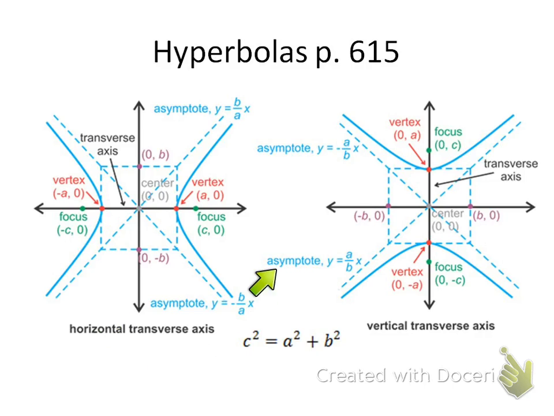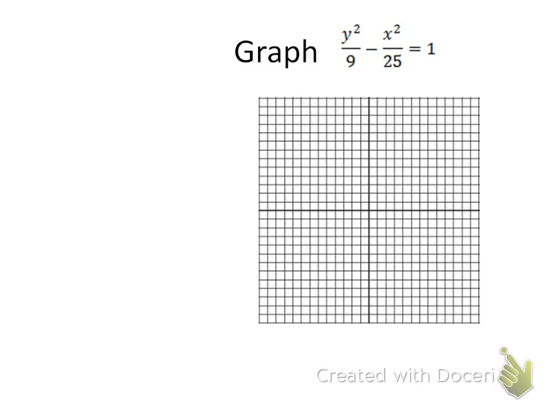This is very overwhelming to look at all at once. So something that I like to stress is what looks the same in both. What do you see the most in both? We're going to start with this equation, y squared over 9, minus x squared over 25 equals 1. If I see that 9 is underneath the y squared, then the square root of 9 is going to be plotted on the y-axis.